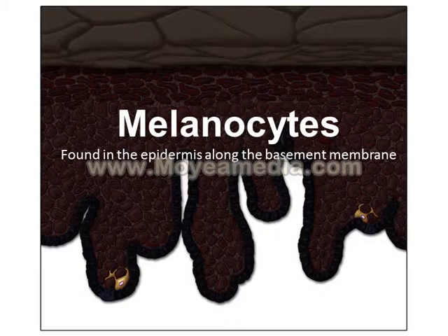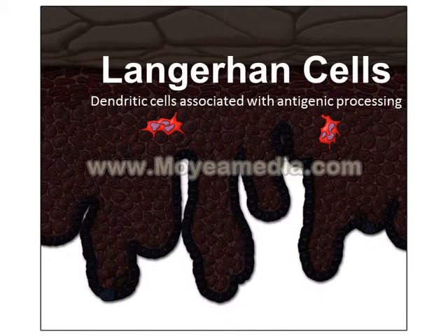Melanocytes are present at the basal layer and, as noted before, tend to communicate with about 10 keratinocytes in a unit. Langerhans cells are dendritic cells that are CD1a positive and function in the afferent limb of the immune response.